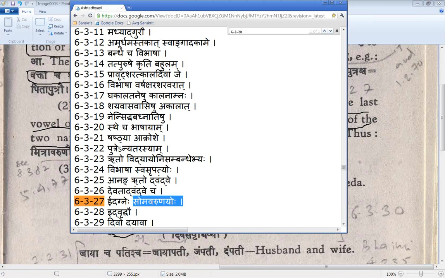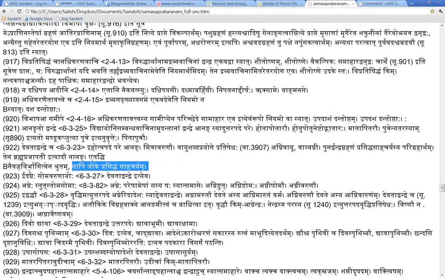Let's follow the Kaumudi. What it says in the Kaumudi is Idagnehe Soma Varunayoho Devata Dvandve Ityeva. It has to be referred to Devata, not to something else. Now in the Tattvabodhini, he comments: Idagnehe Anango Apavadoyam.